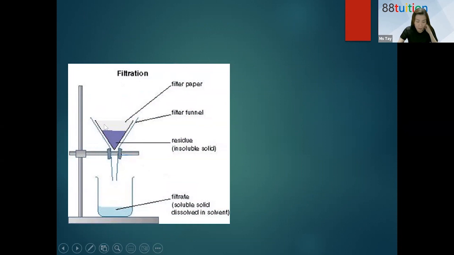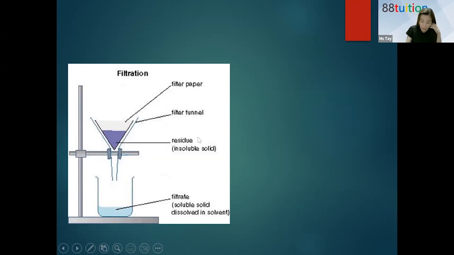In the filter funnel, we put the filter paper folded into a cone shape. At the bottom, we have an empty beaker. As I pour the mixture into the filter paper, if it's sand and water, water passes through easily. Sand, being too big in size, gets trapped in the filter paper. We call sand the residue.